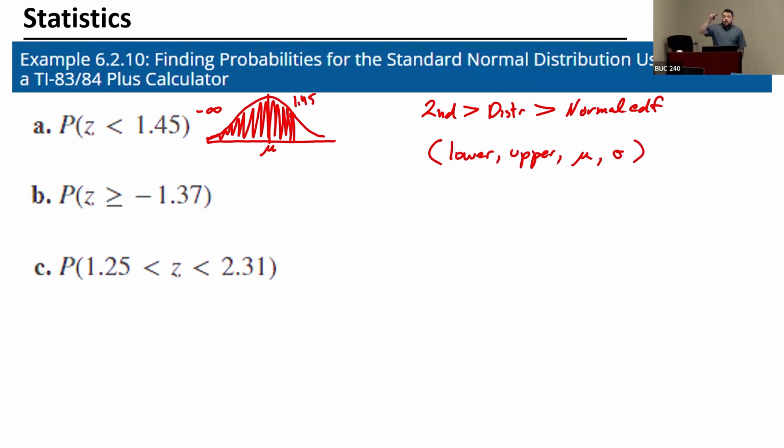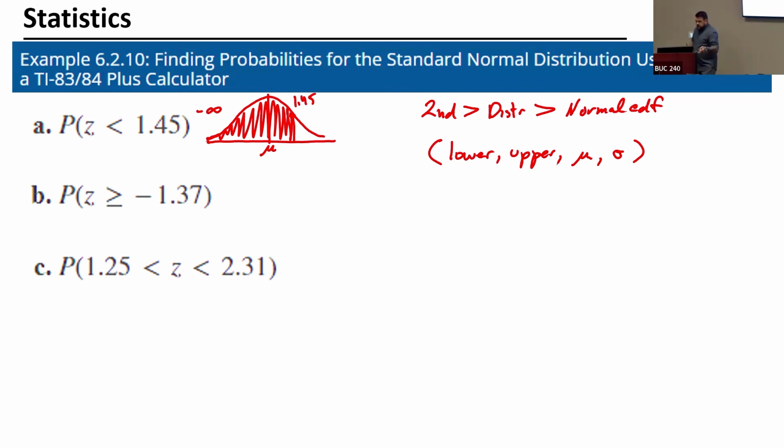Then you need to make sure to close off the parenthesis, okay? Now, here's a question for every single one of you. What would the mean be? 0. What would the standard deviation be? 1. When you're using something that's standardized, your mean and standard deviation are always 0 and 1. Now that can change later on. You'll see that when we start doing more specific word problems.